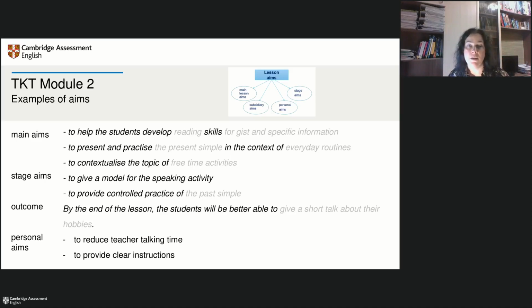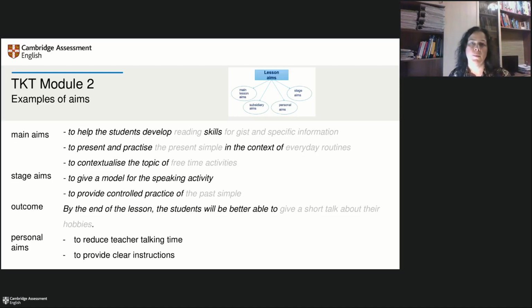The stage aims will be similar to sub-aims, something like to give a model, to provide practice, to focus on developing reading, and so on, depending on the main aim and the sub-aims. They look similar, but the priorities are different, of course. As for the outcome, or objectives that you can set for your lessons, it's likely to be with this kind of beginning: by the end of the lesson, the students will have achieved a better understanding of this and that, or they will be better able to do this and that, right?